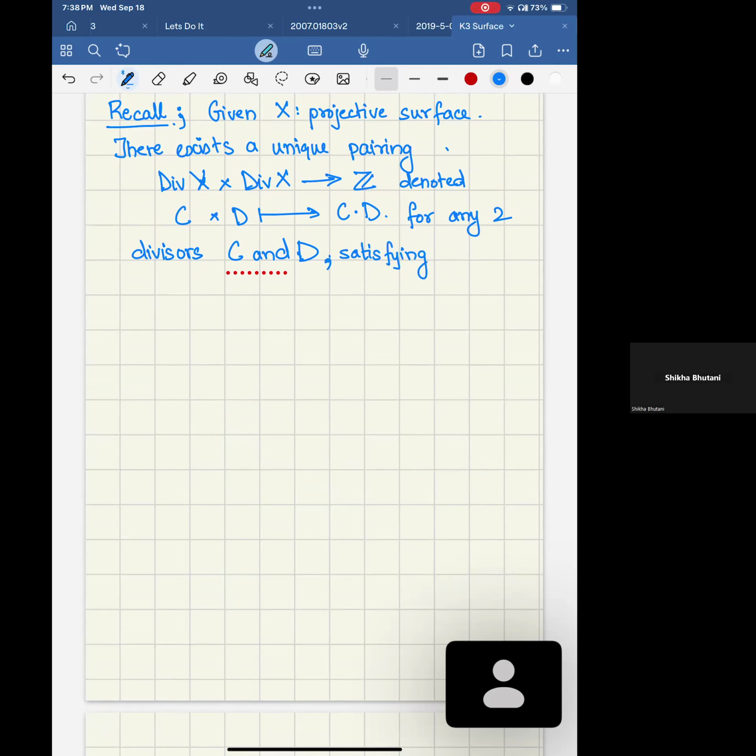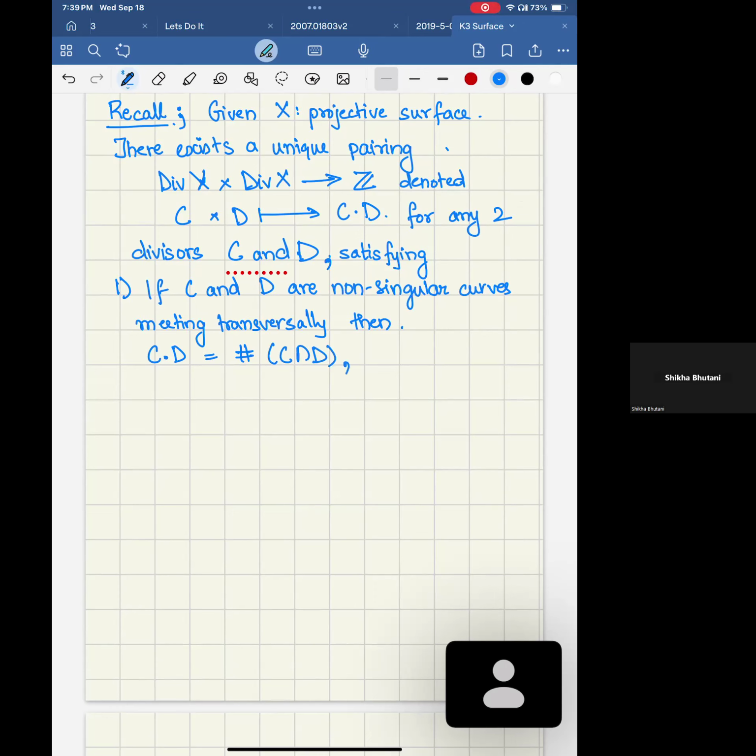First, if C and D are non-singular curves meeting transversely, then their intersection is nothing but the number of points on the set theoretic intersection of these two curves, that is, the number of points on C intersection D. The second property is that it is symmetric.